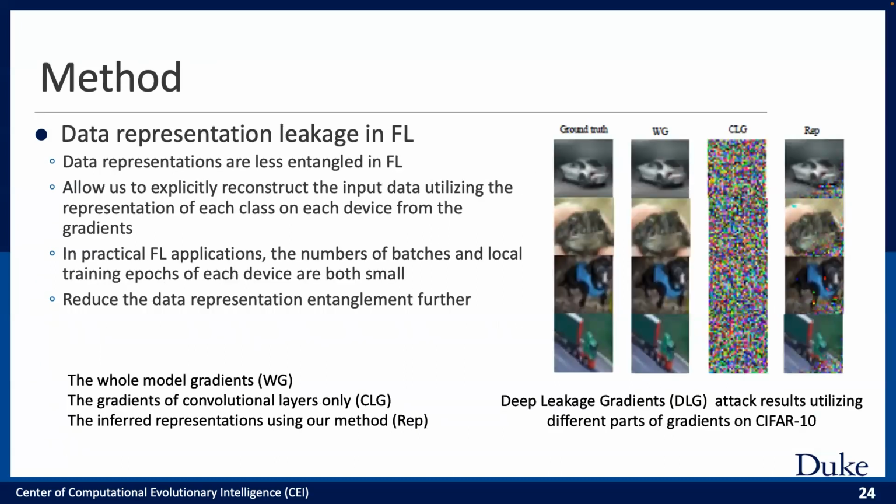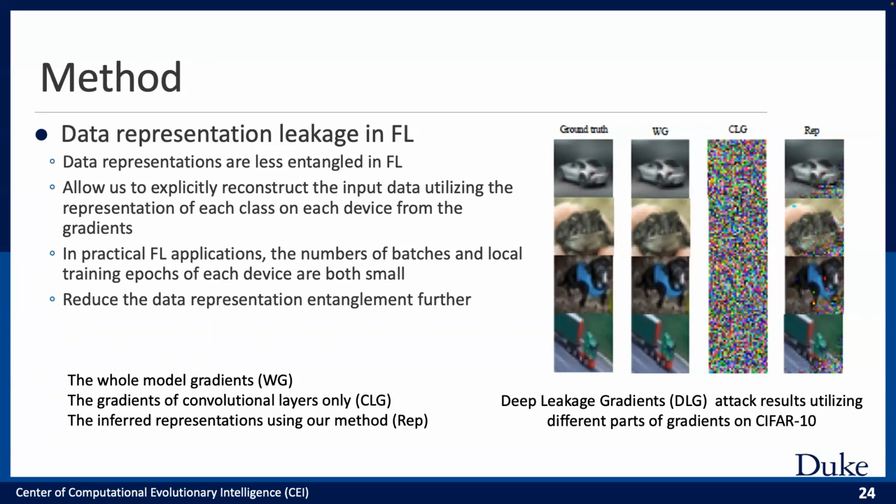So let's talk about the data representation leakage in federated learning. Some examples are shown here. When we talk about federated learning, usually the data representations are less entangled because we have a smaller number of samples on each device.